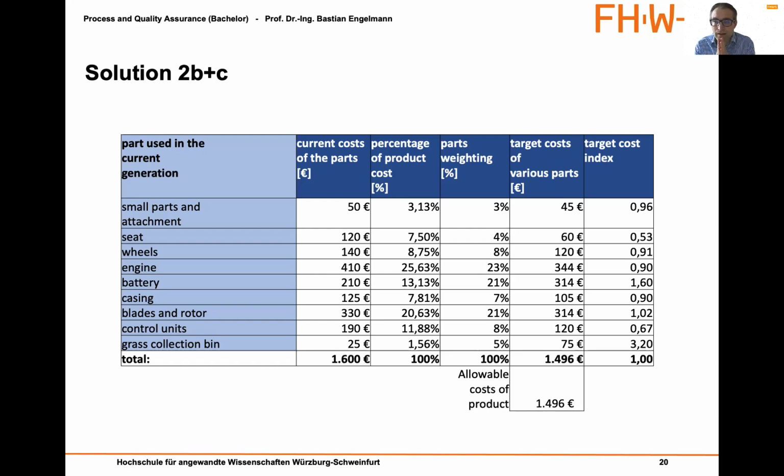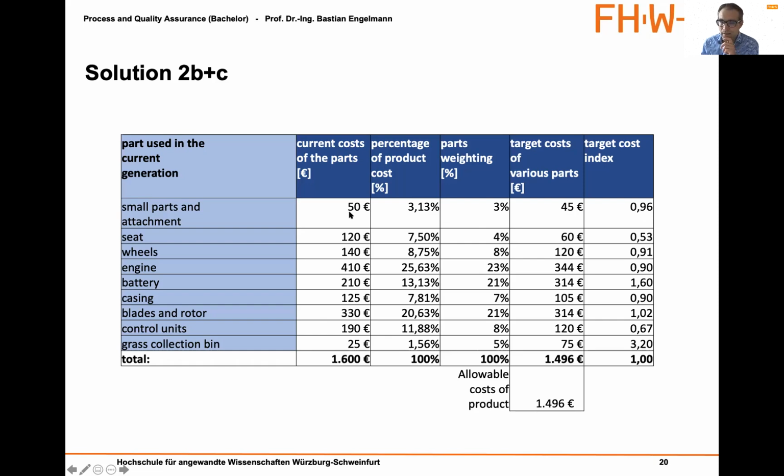All right, then there is this magic column here of target cost index. It is basically the division of this column element by this one. And here you see it's below 1.